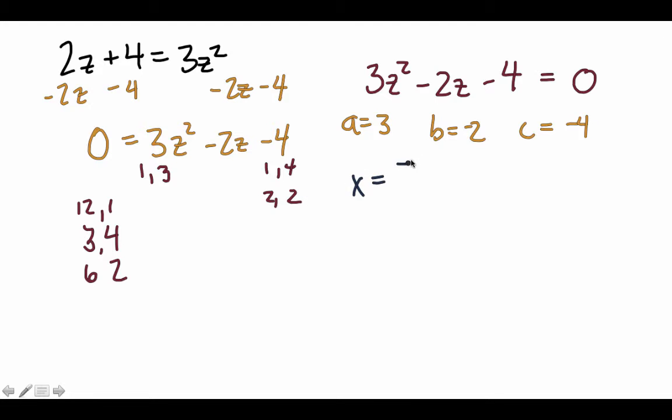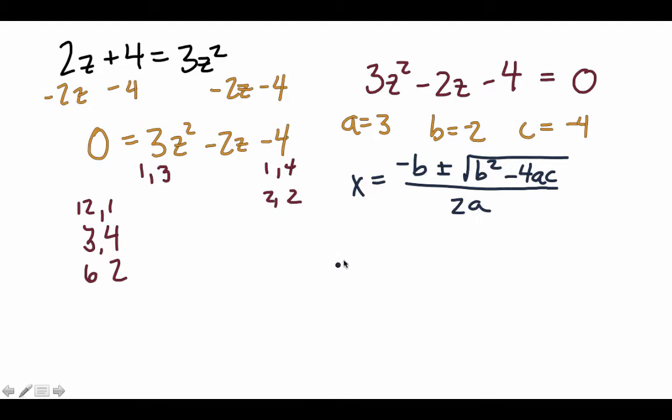X equals the opposite of b plus or minus the square root of b squared minus 4ac all divided by 2 times a. You write those 4 things down on the exam, you're going to earn 4 points. You're not going to lose 4 points if you don't write them, but this allows me to point to, hey, look, this kid knows what they're doing. I can give them 4 points.